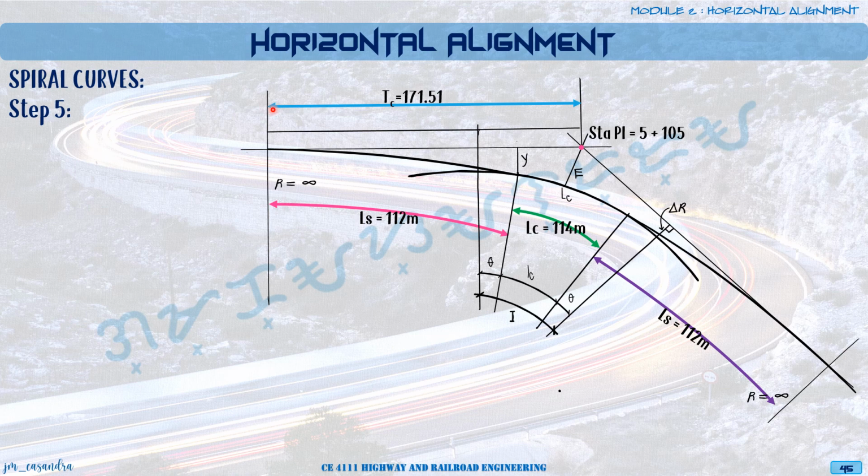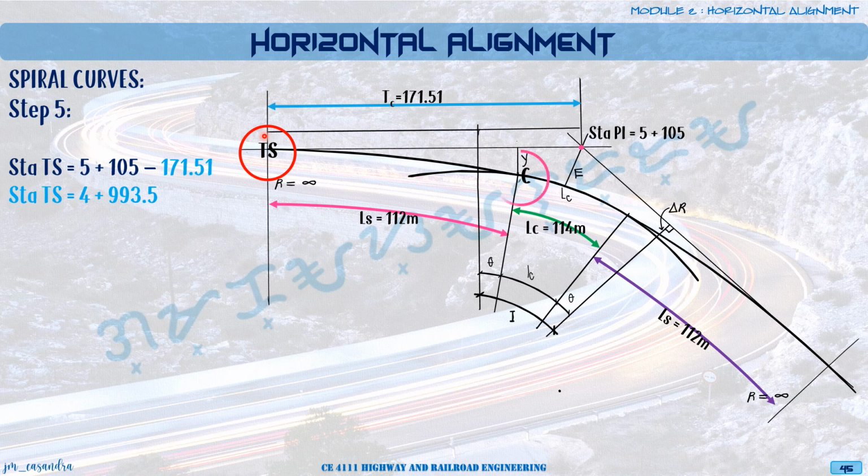So from here, we can now solve for the station of TS. TS is computed from PI and the distance of TC. Since we're going back to TS, TS is equal to station of PI, 5 plus 105 minus 171.59, which will give us the station of TS as 4 plus 993.5.